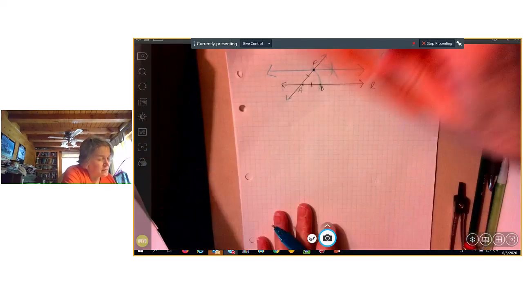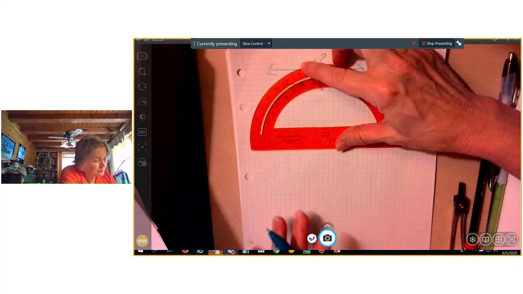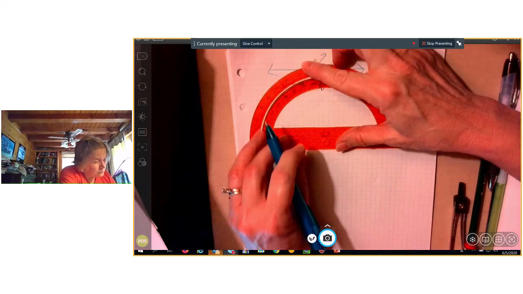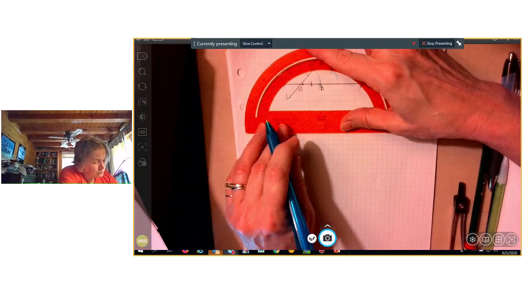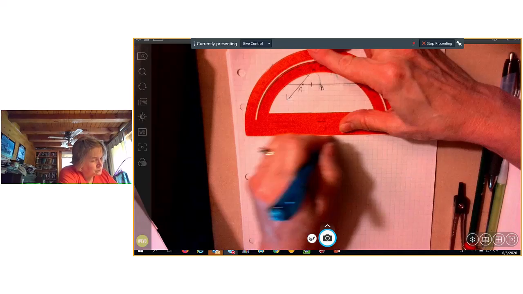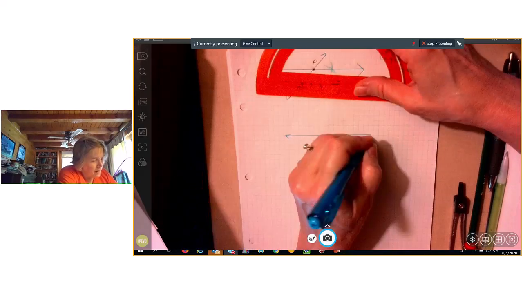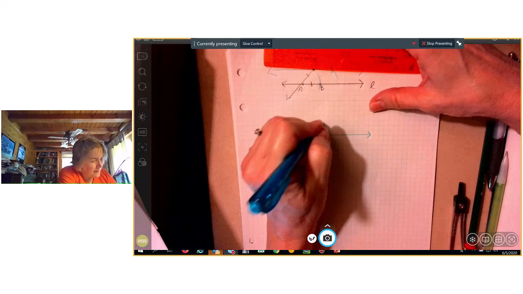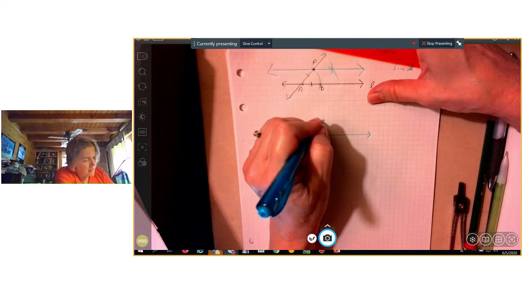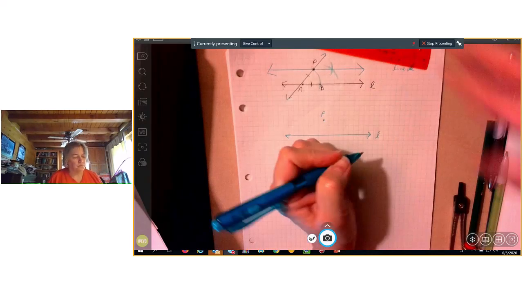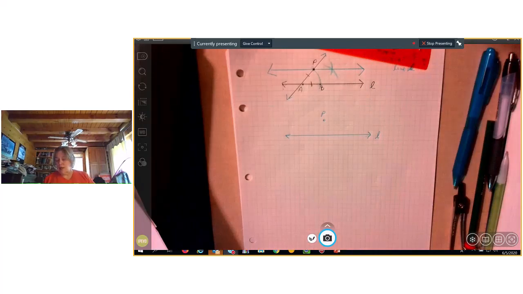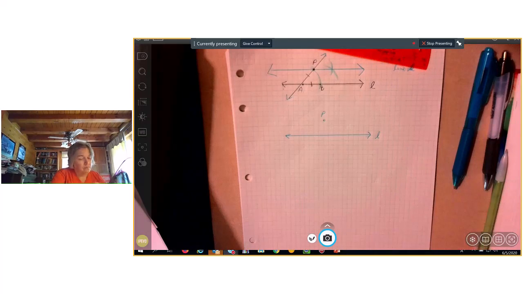Now, let's say we have the same given line. I have a point P, a line L. Now I want to draw a line that is perpendicular to this, not parallel but perpendicular. So I'm going to do the same process.